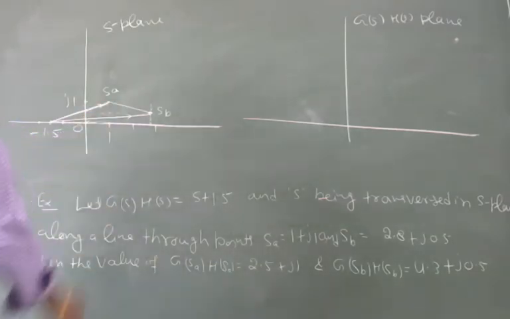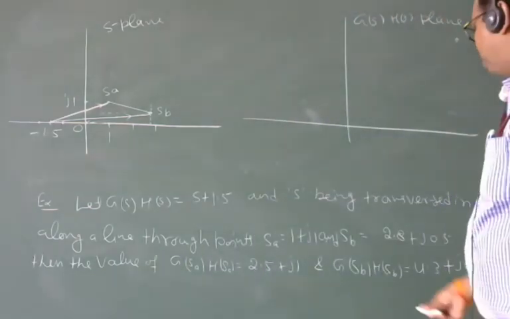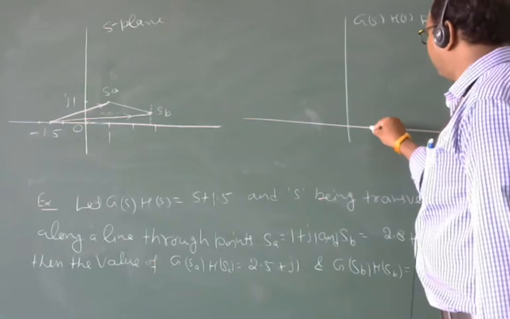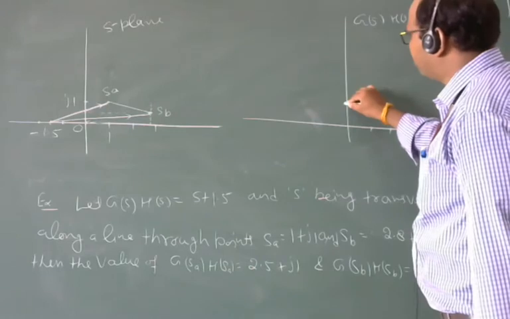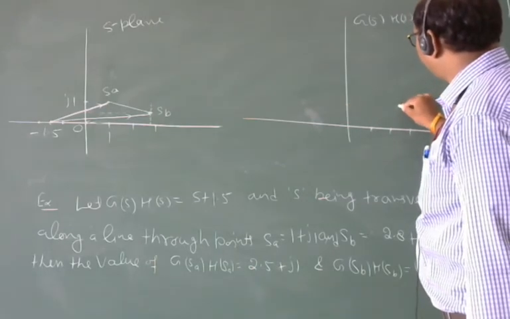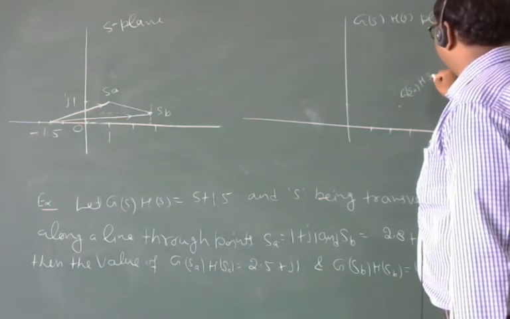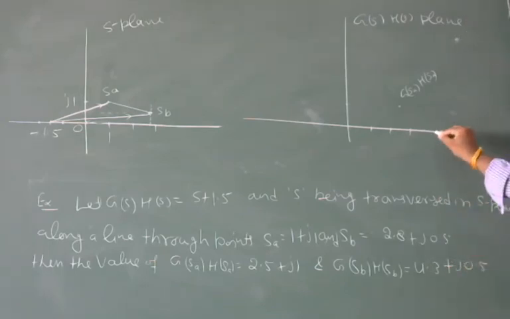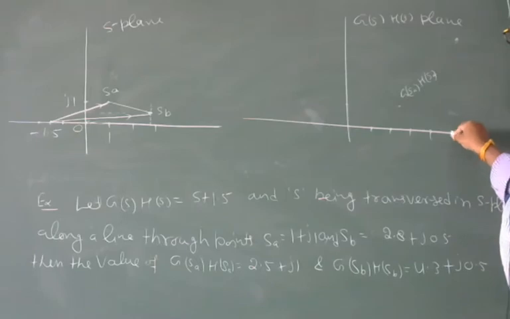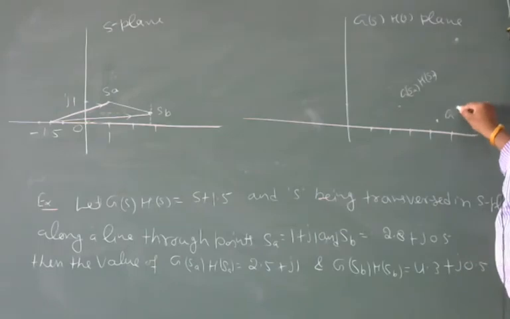Then the value of GSA will be 2.5 plus j1, and this one is 4.3 plus j0.5, GSB HSB.